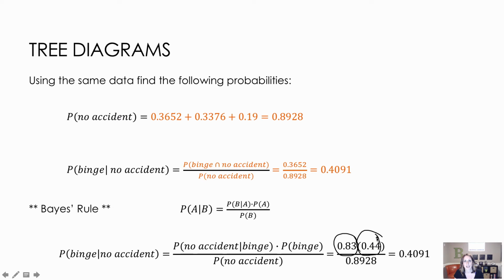So that numerator is now very easy to find. Now the denominator, I cheated a little bit because I did use the values from the tree diagram that we made, but if I didn't make a tree diagram, I would have to find each of those values. So I would take the probability of no accident using binge, probability of no accident using moderate, etc., and add all of those together.